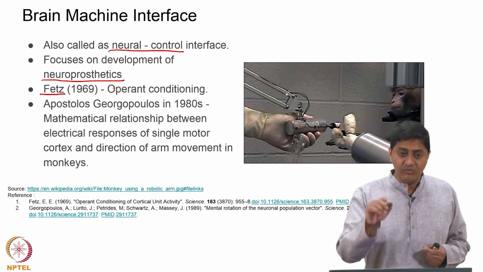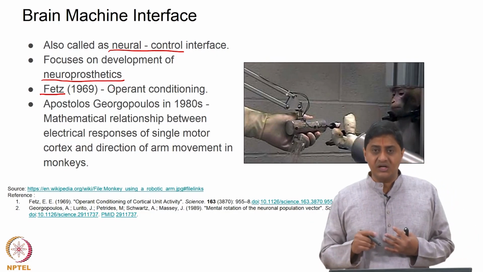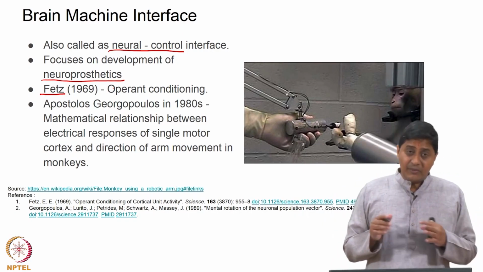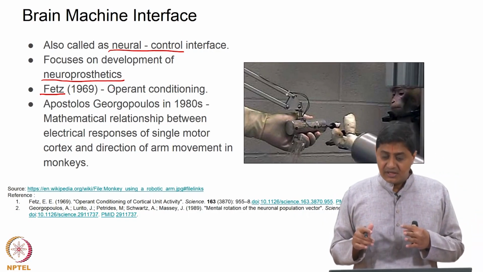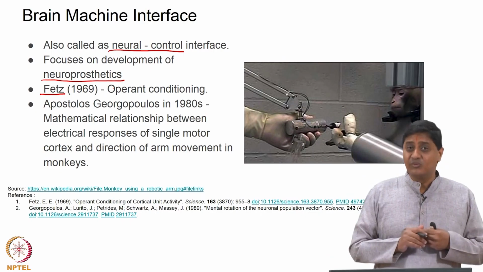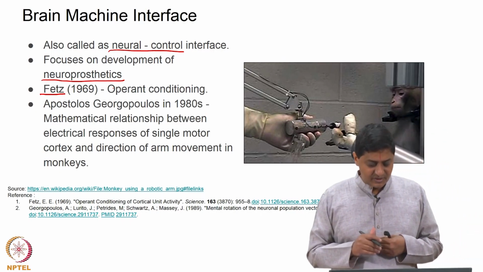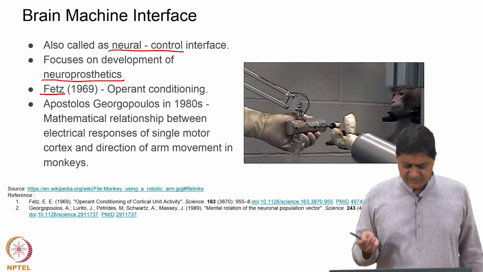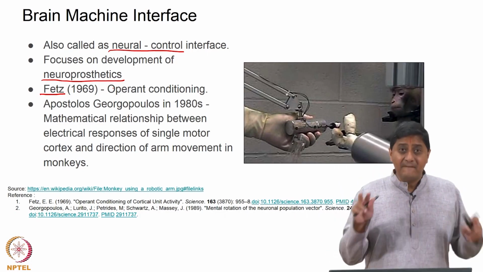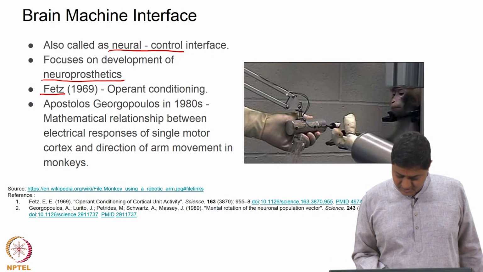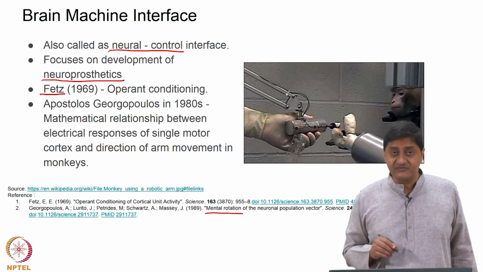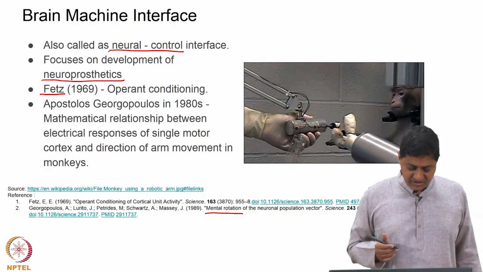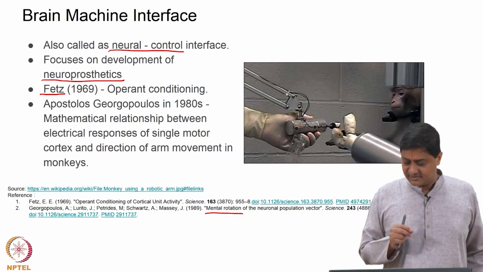So this particular movement is elicited by this population of neurons, and a population of neurons encodes the direction in which the movement is going to happen. We saw this from the work of Georgopoulos, for example. It is also possible to perform mental rotations of the neuronal population vector, a brilliant study. Those who are interested must check that. So it is possible to change all these things.